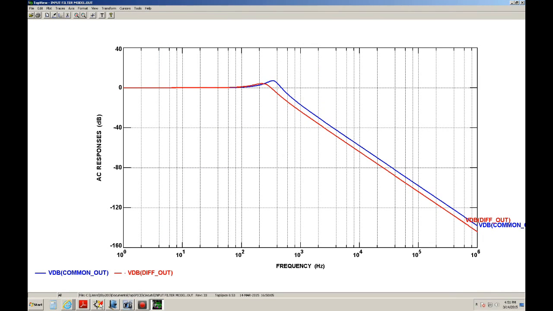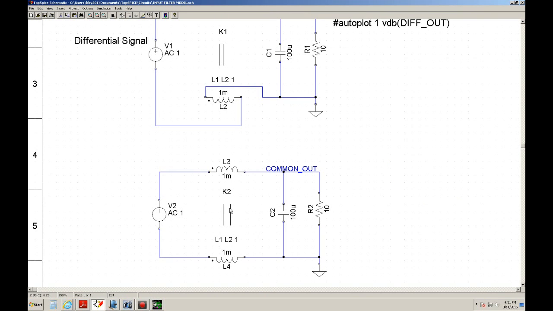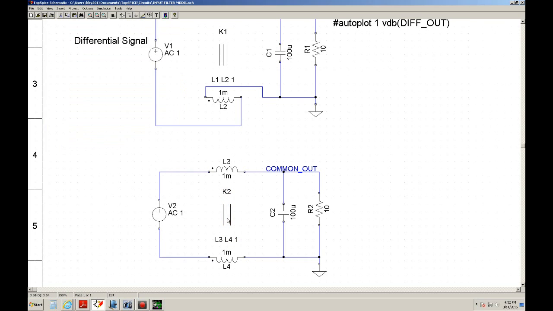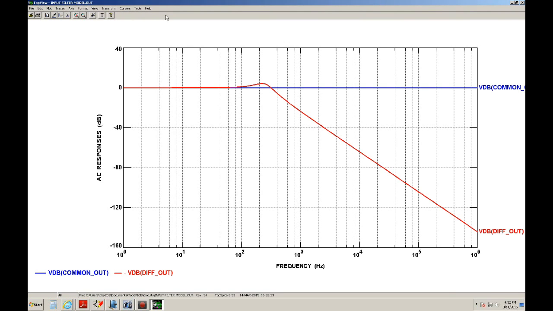Okay, I see the simulation error that I made. I copied it, and these are still saying that L1 and L2 are coupled. Let me change this to L3 and L4. Let's try it again. There. Okay, great.